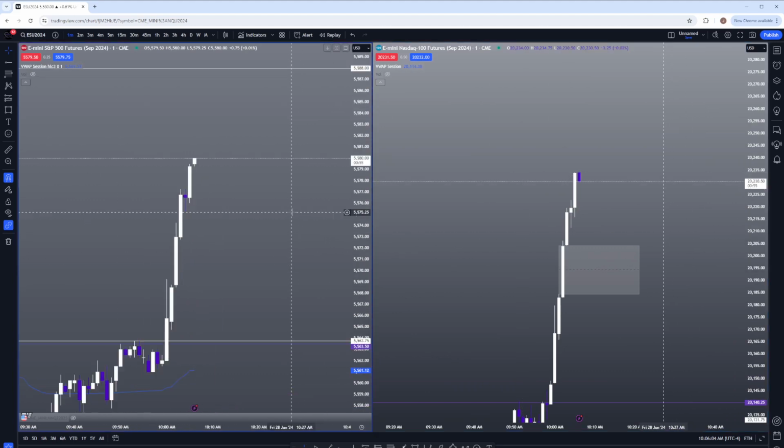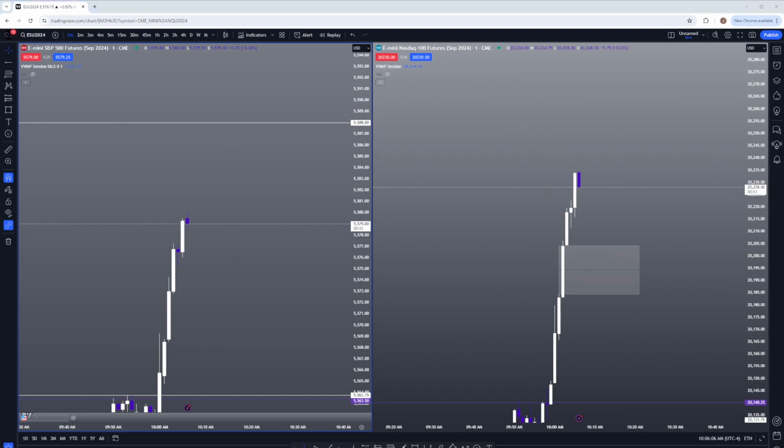We see ES already almost at all-time highs. We do not look like we want to pull back at all. Let's see if we do.